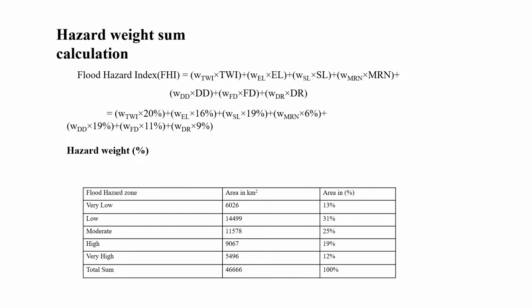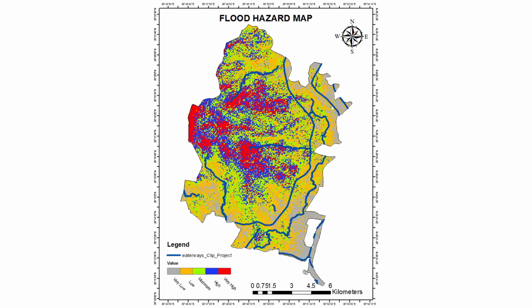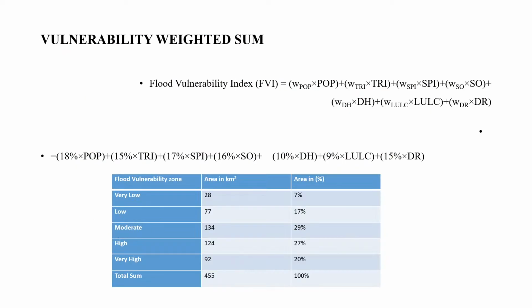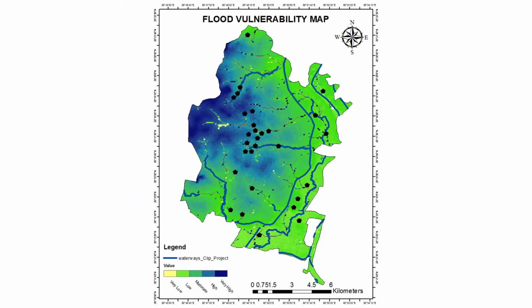The same thing is repeated for vulnerability: you derive the vulnerability index, derive its area and its map, so the most vulnerable areas or locations you can also find out. Next is the risk map.